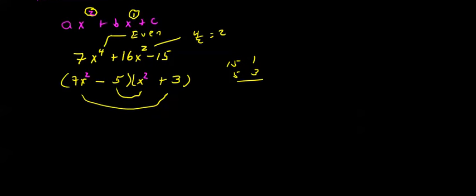Let's look at another one. See if I can do this without messing up. All right, let's do 21x to the fourth minus 57x squared minus 18.